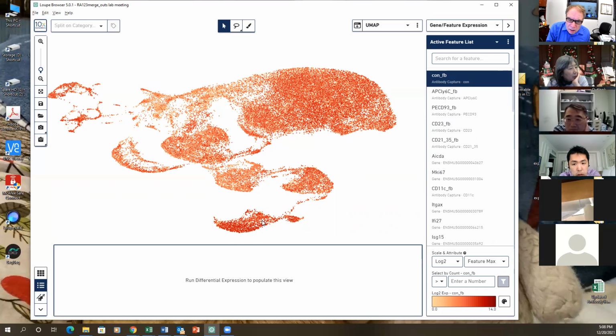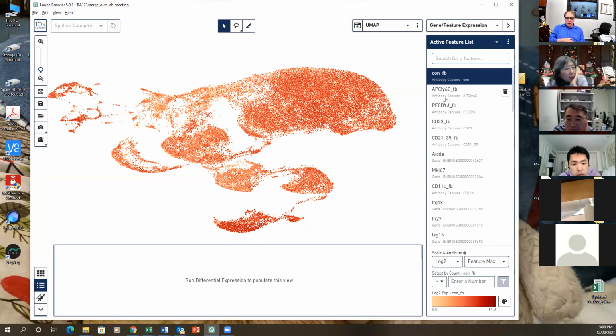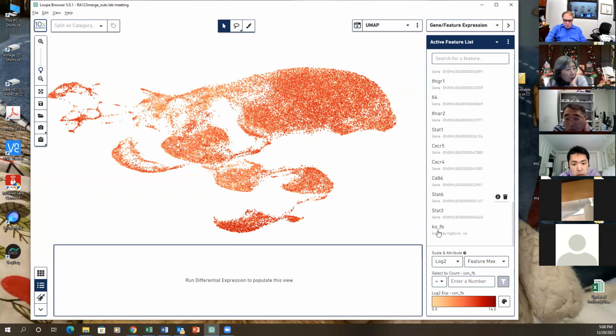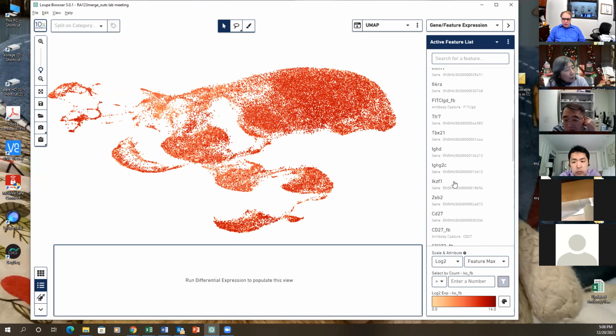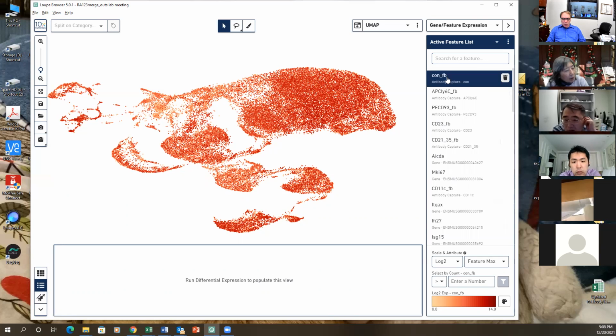Whereas the control got lots of memory and the knockout. You see, I believe one phenotype is IL-17 increasing memory B cells. I think that might be the one consistent result between all 6 mice. Okay, and this is knockout. But in the control, I see somehow this antibody staining is somewhat weaker.